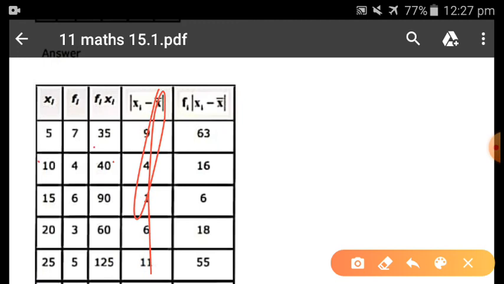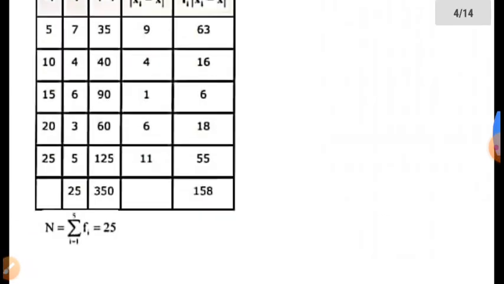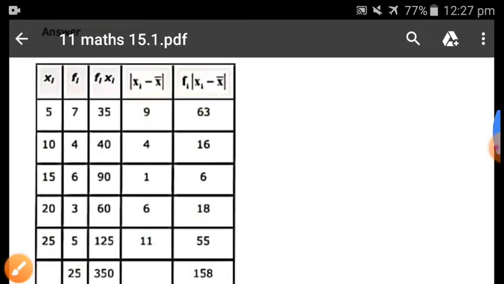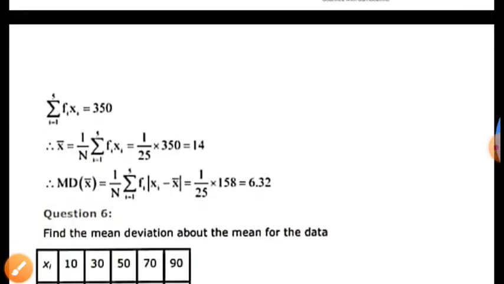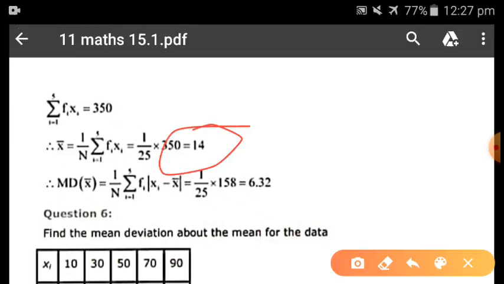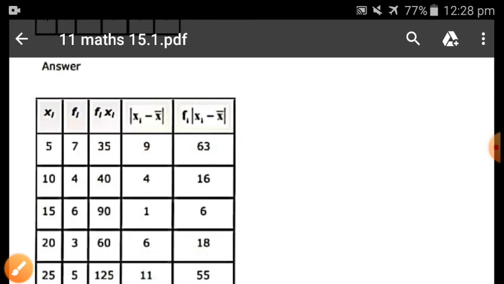First you need to do these 3 columns, after that you need to find the mean. Adding all the observations in this column, you get 350. That 350 should be divided by 25, so you get 14. The 14 is the mean, and that 14 should be subtracted from every observation.